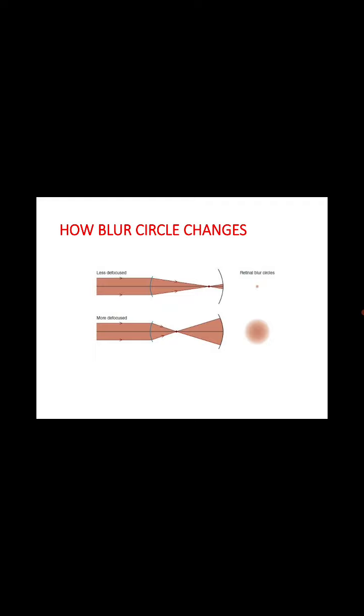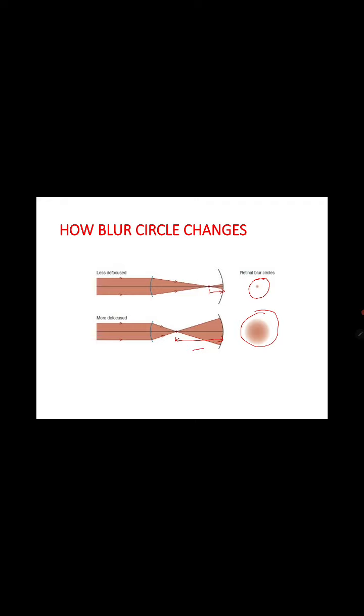Clearly, when parallel light comes, this is a myopic condition but with less refractive error, as the focus is towards the retina. In the second case, obviously the myopic error is high, so the retinal blur circle is larger, where the myopia is higher.